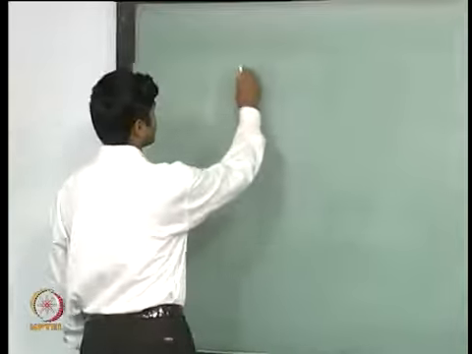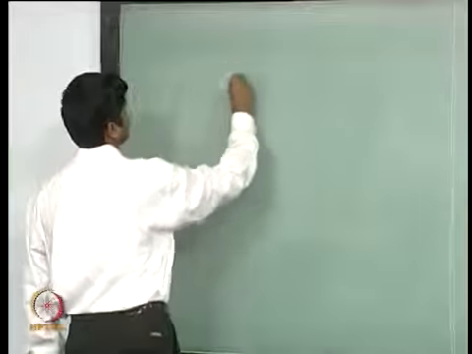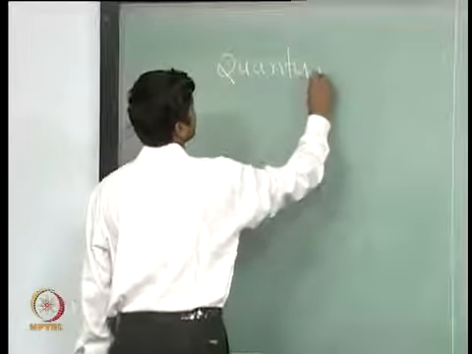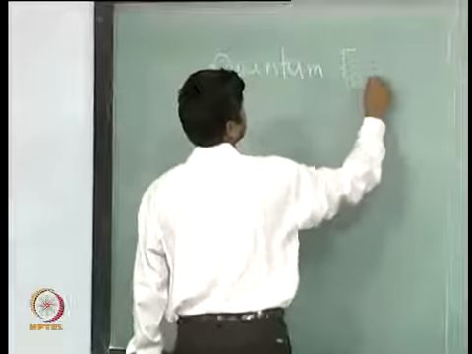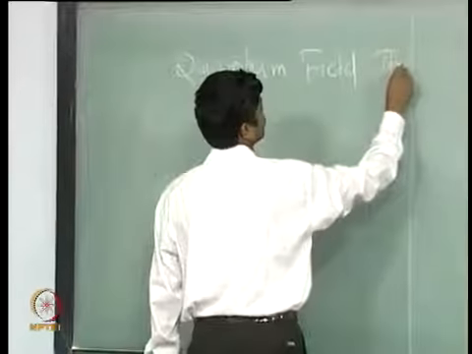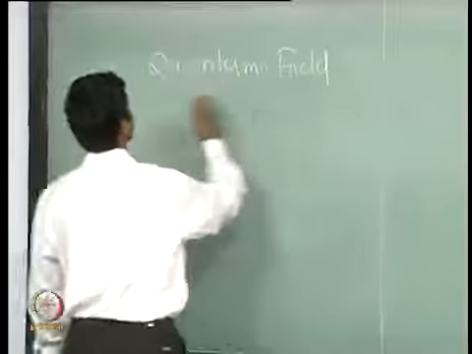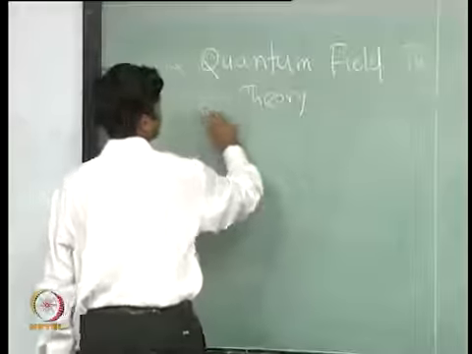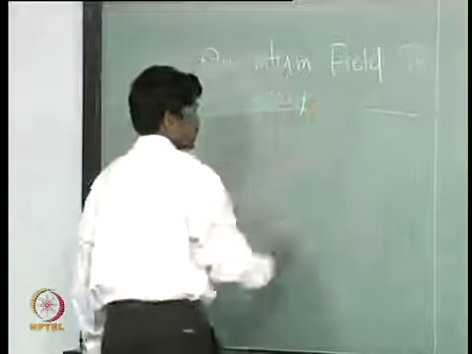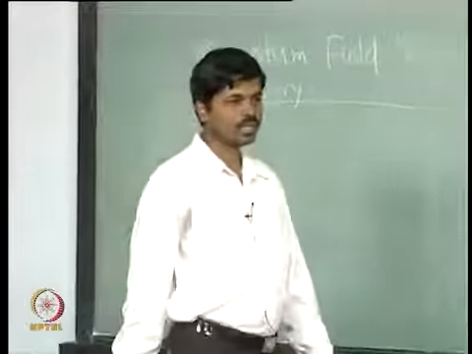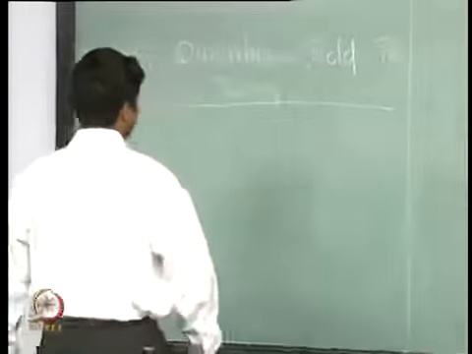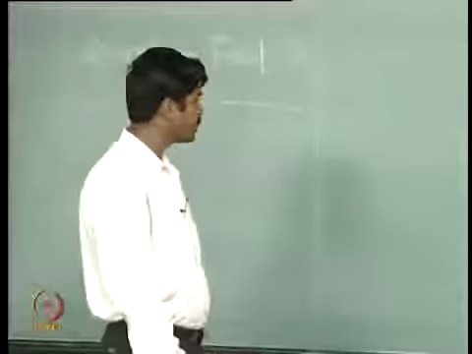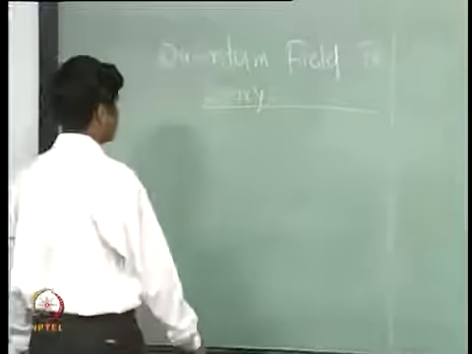Okay, so in this course we will be studying quantum field theory. You might ask, you have already learned quantum mechanics in your undergraduate first year course, so why do you need to study quantum field theory?